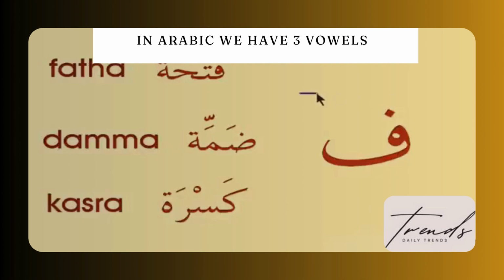So let's assume that this is the line where we write. The Fatha would be on top of the letter. Dhamma would be on top as well, and Kasra would be on the bottom. So Fatha, Dhamma, Kasra. So that's just the terminology, and inshallah we'll find out how they're actually pronounced.